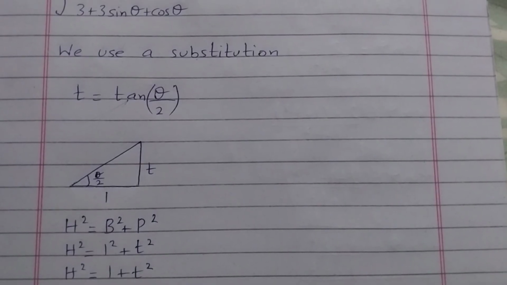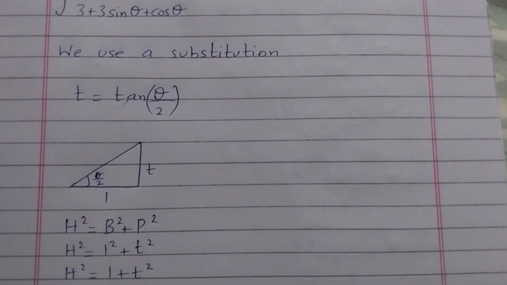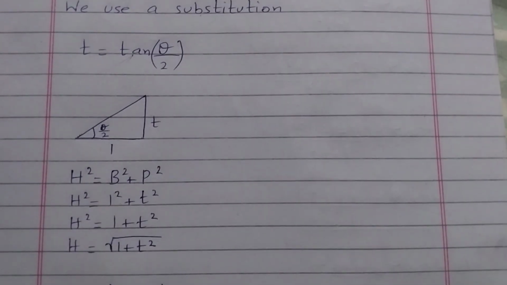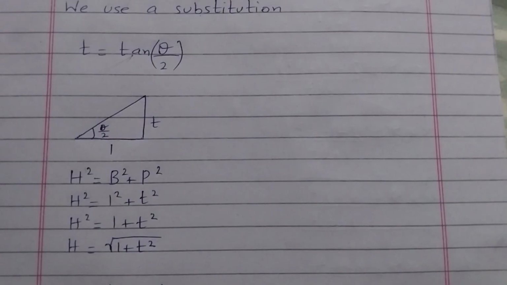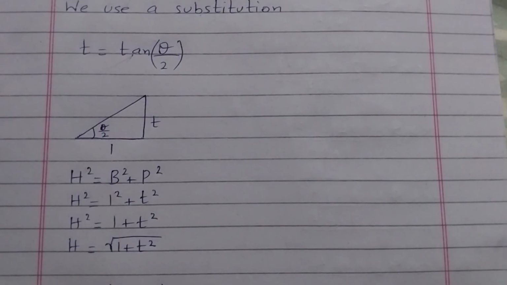So as we are interested in sine and cos theta, we need to find the third side of the right angle triangle, and we can find that third side, which is hypotenuse, by simply using Pythagoras theorem. And it states that hypotenuse squared is equal to base squared plus perpendicular squared.